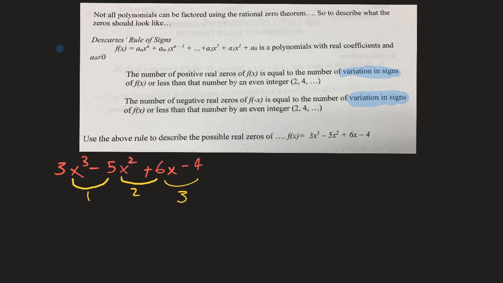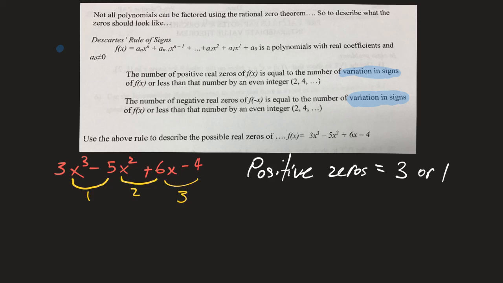That means there is a maximum of 3 positive zeros. When you count these, you always count up and down by twos because of the imaginary zeros. They always come in pairs. So I'm just going to put that it's 3 or 1 right now, and I will explain a little more about that in a second.